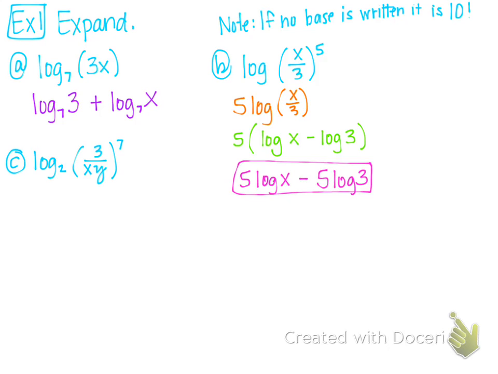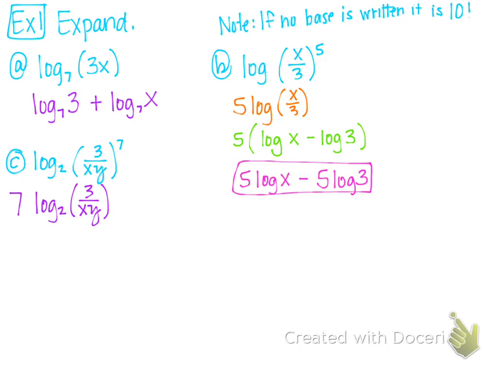We have division, so we're going to have to use the quotient property. But if you look in the denominator here, we also have multiplication, so we got to use the product property. So whenever you have the power property, you want to go ahead and take care of that first. So we're going to take that 7 and put it in the front. We have 7 times log base 2 of 3 over xy.